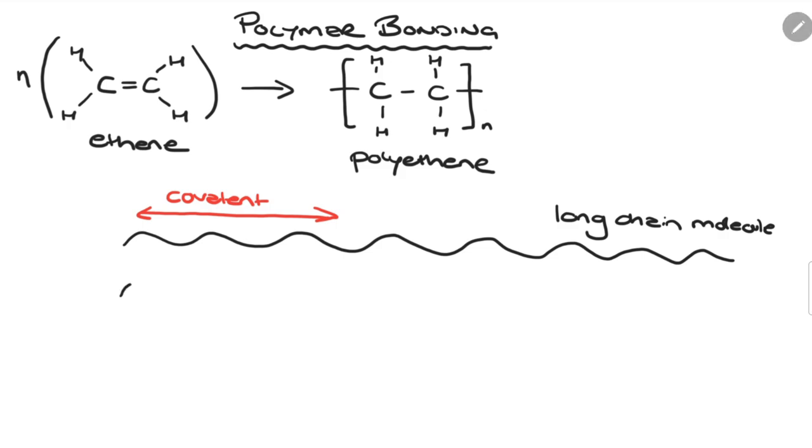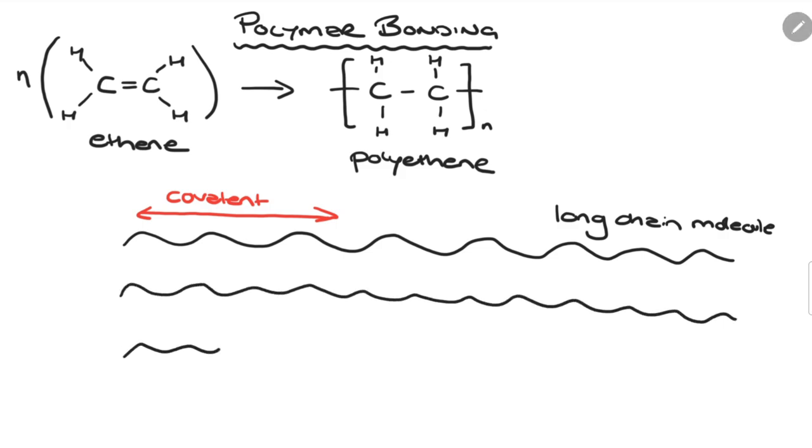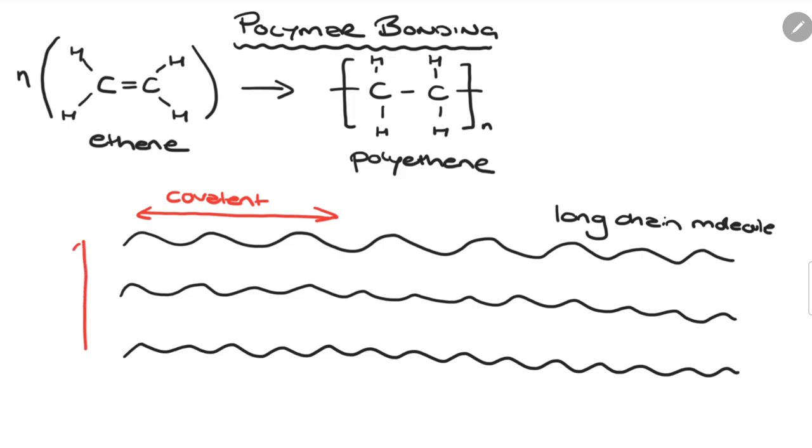Because this is a three-dimensional solid, we're going to have many of these chains side by side within our solid structure. And so what we're now creating is a force in the other direction. This is between one molecule and another molecule, so between the top and the middle molecule, and likewise between the middle and the bottom molecule.